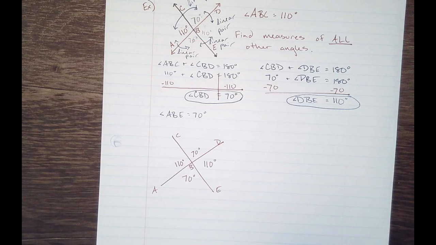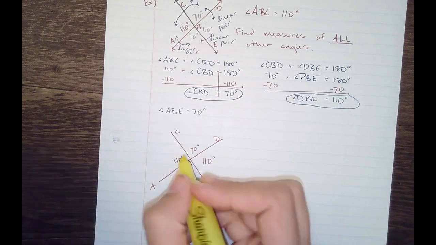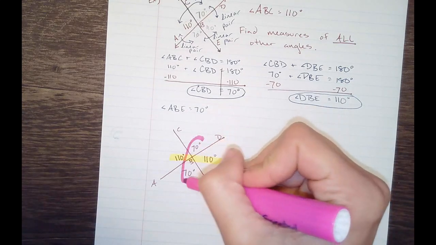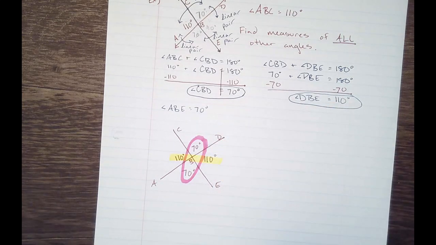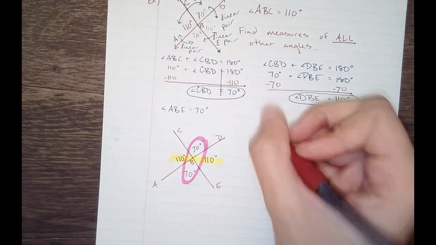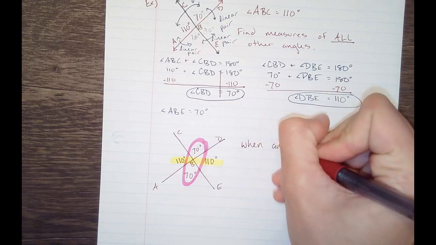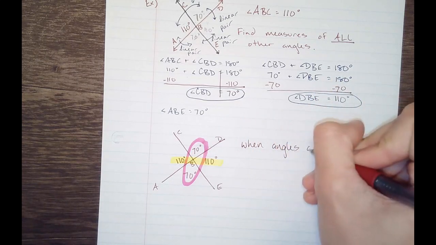Okay. When angles are the same measurement, that means they are congruent. So when angles are the same measurement, that means that they're going to be congruent.